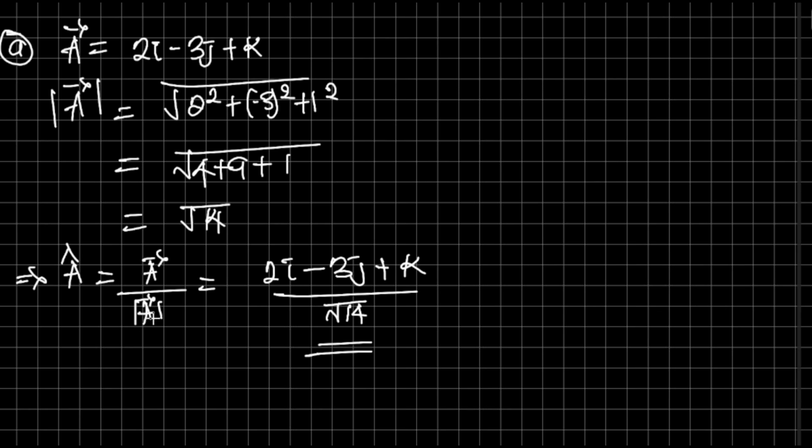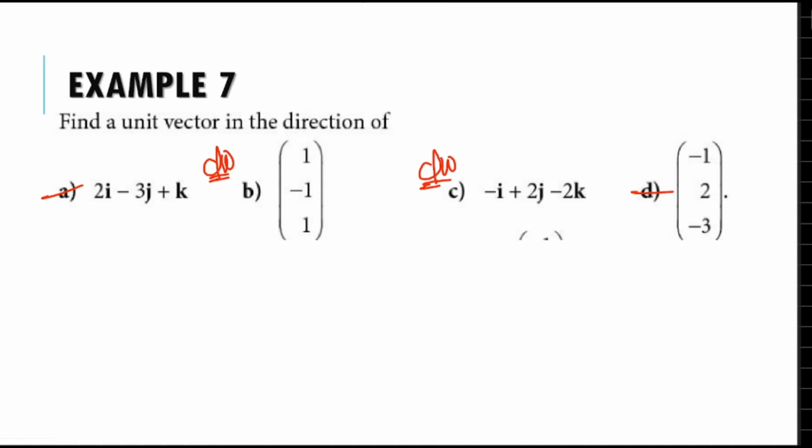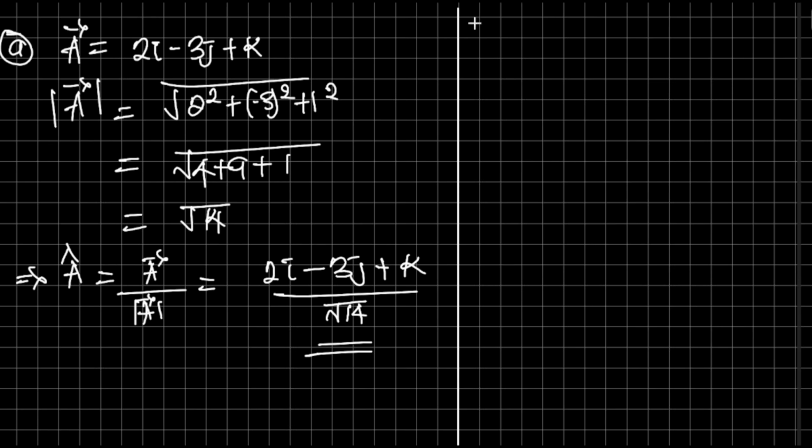So you don't need to split it, you can always leave the answer this way, because when you break it down, it becomes a direction cosine. Okay, so we have the other one, minus 1, 2, minus 3. So let's say vector B equals minus 1, 2, minus 3.